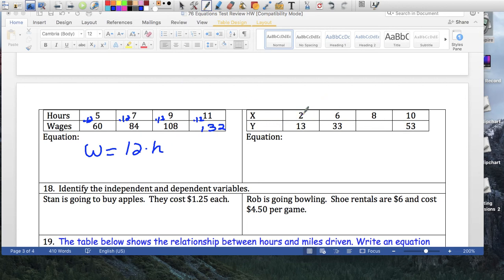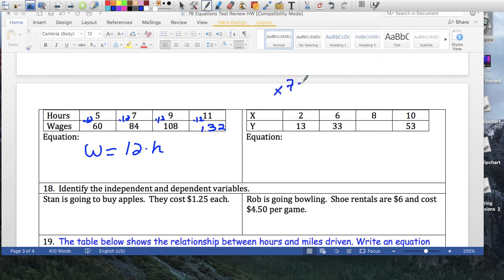This one, how do I get Y? How do I turn the 2 into a 13, the 6 to a 33? Let's see, times 6. What is it? 2 times 6 plus 1? No, it doesn't work. Times 7, 14. No. Times 8. 6 times 7 is 42. 55 minus 2, no. I don't know the answer to this.